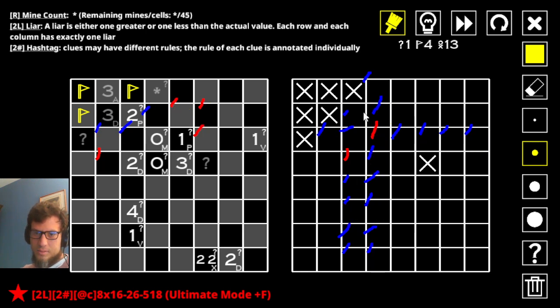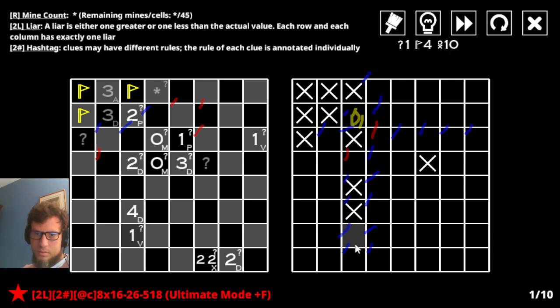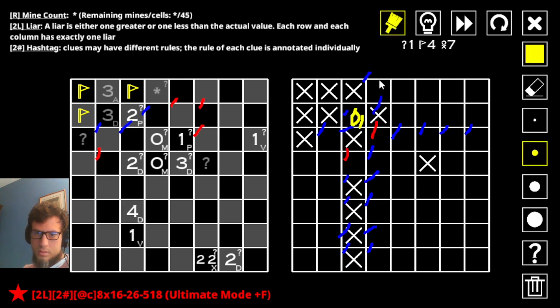What was my... Yeah, that was my assumption. So now we assume this is lying. And if that's lying, then, okay, all of these are honest, as well as this. And if this 2 deviation's honest, this 2 product is actually either a 1 or a 3. It obviously can't be a 3 because it has a 1 and a 2 next to it, so it needs another 1 here, which means this 0 modulo, which, okay, so at least one of these 2 is a mine.